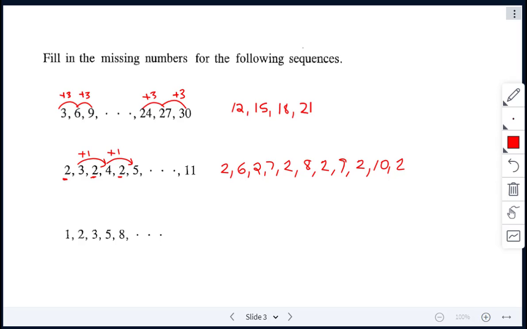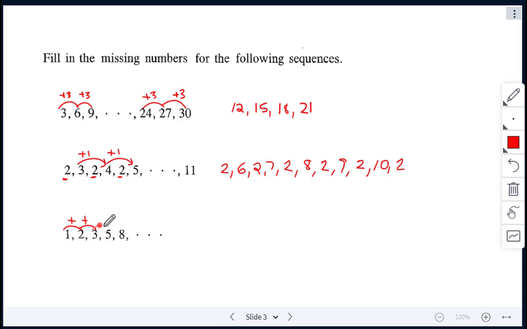Okay, we're looking at our last example on this screen: 1, 2, 3, 5, 8, and we have to figure out what the pattern is. We take our first two numbers, 1 plus 2, and get 3. Then 2 plus 3 gives 5.